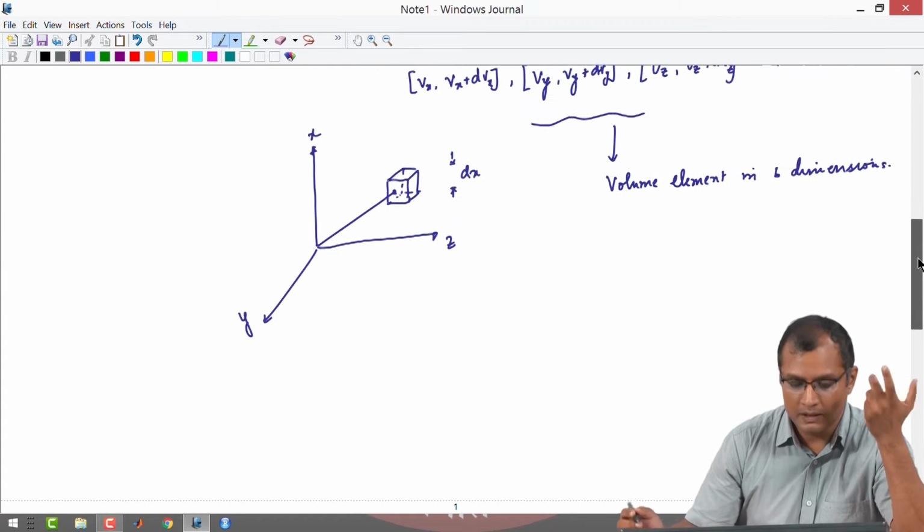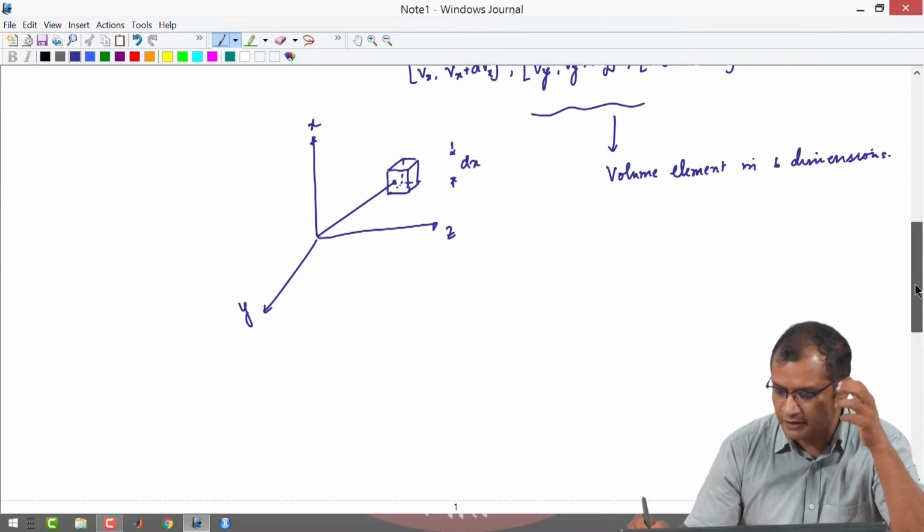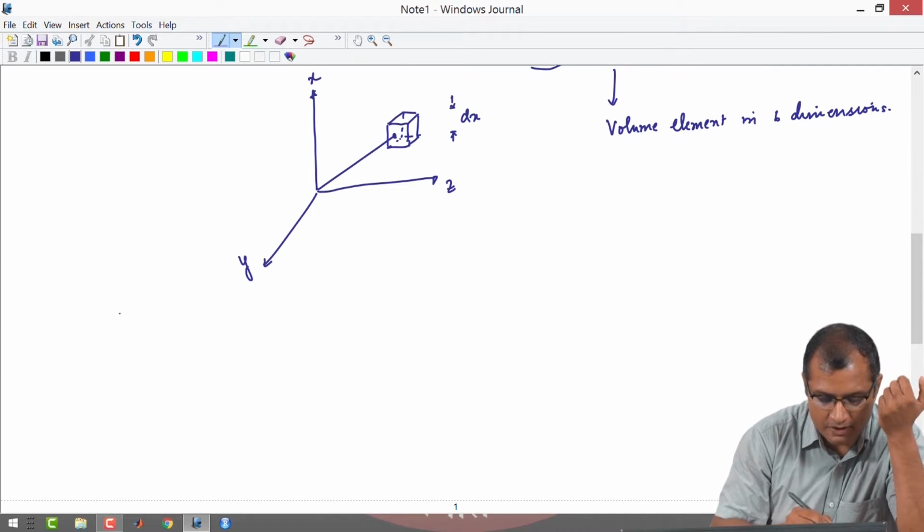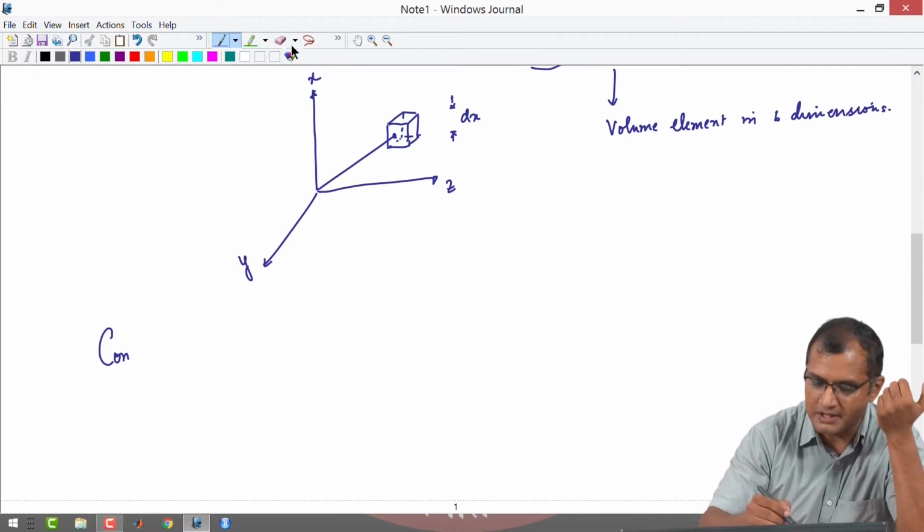Now, there's a simple concept which goes as conditional probability. We'll talk about unconditional probabilities first.